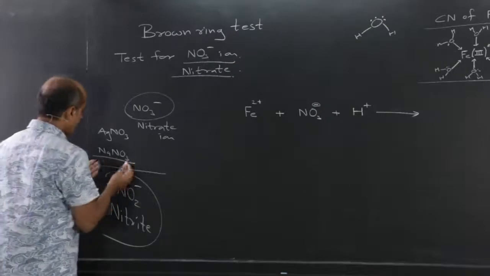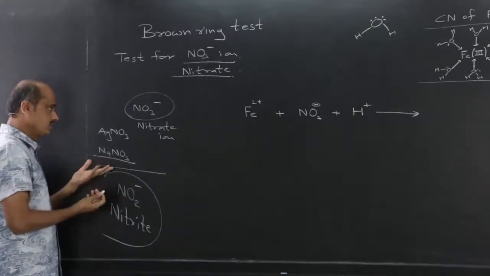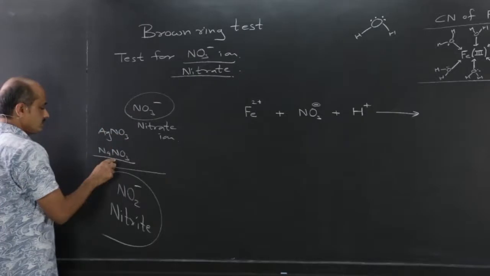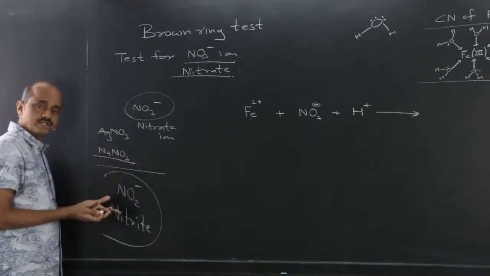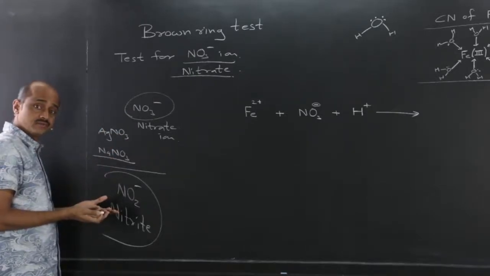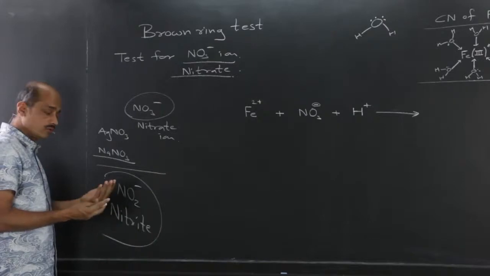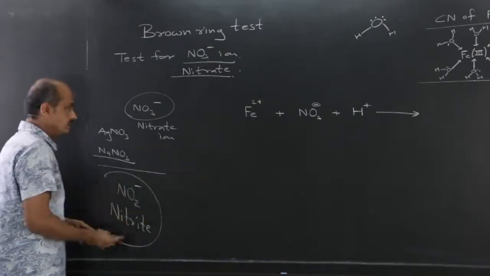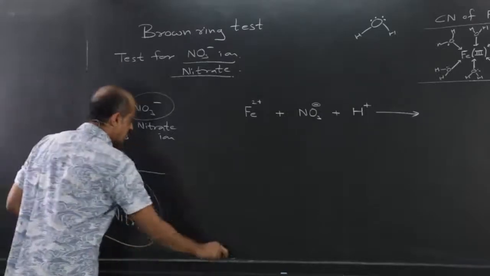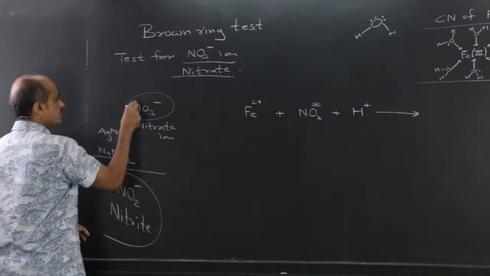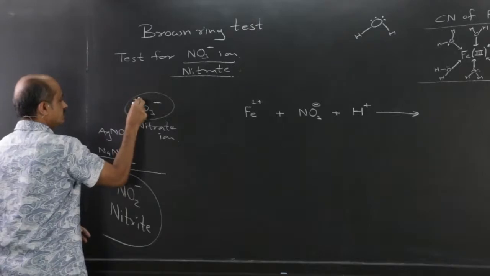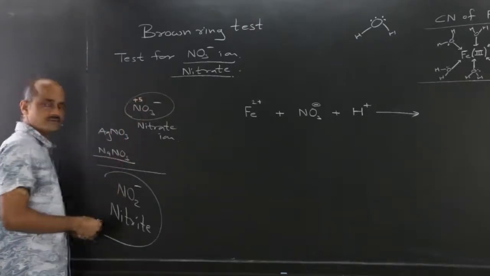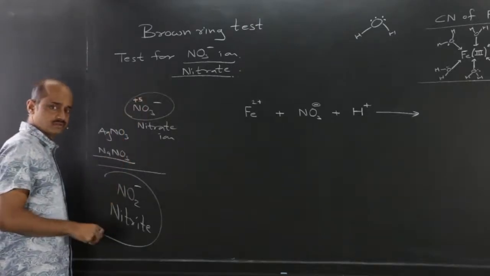As we can find the oxidation number from a compound, also from an ion, HNO3 we have considered. Even if HNO3 is dissolved in water, it gives H plus and NO3 minus ion, which makes it clear that the oxidation number of nitrogen in the nitrate ion is plus 5. That should be first known to us.